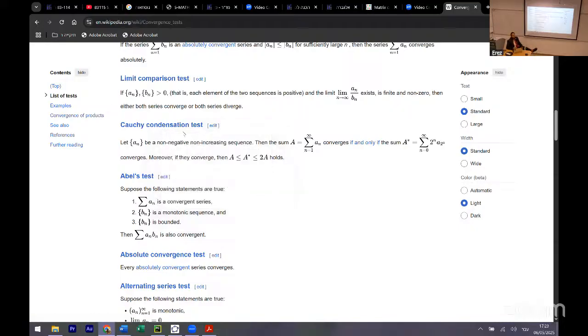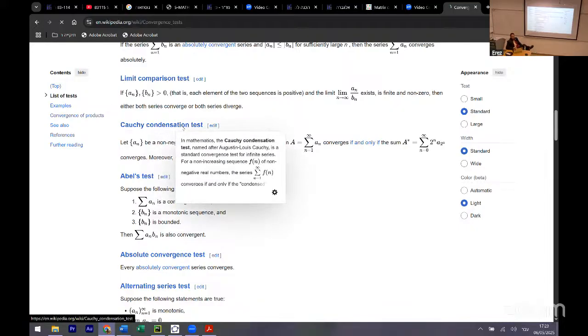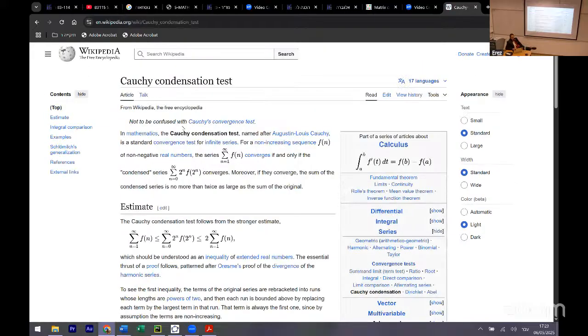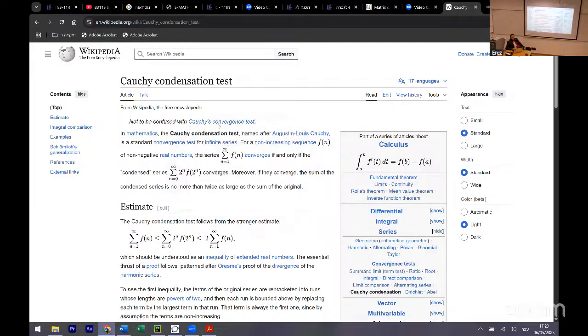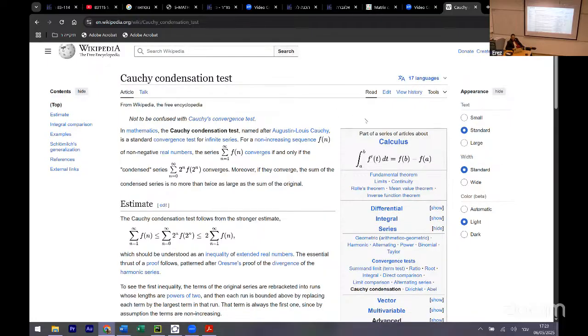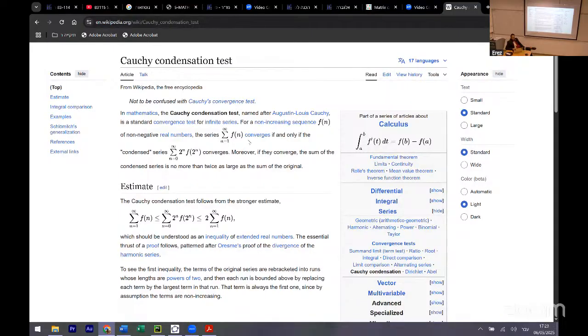Yes, that's it. Okay. Not to be confused with Cauchy's convergence test. Yes, it's a different word. Can I just say, like, not to be confused? Yes. Not to be confused, don't read the following. It will help you not get confused.